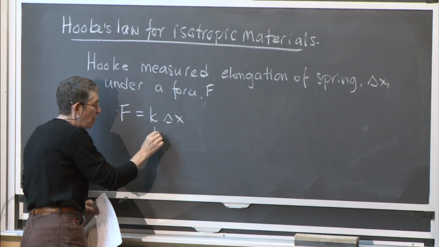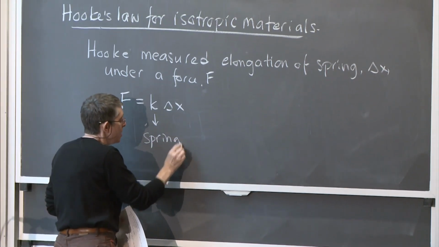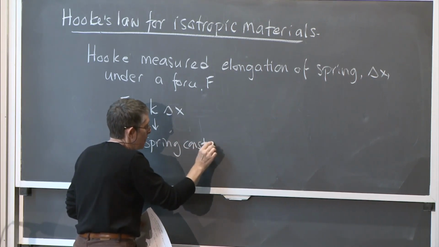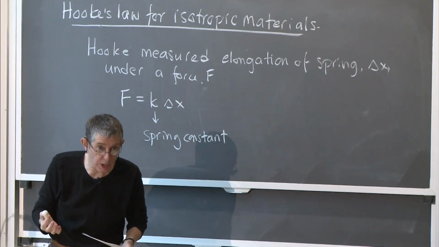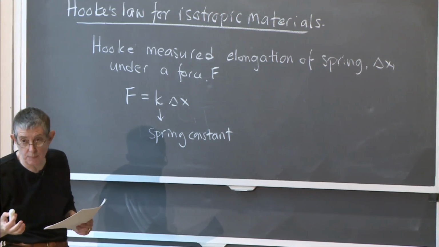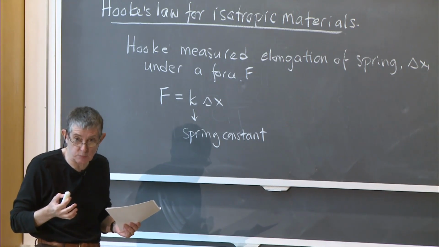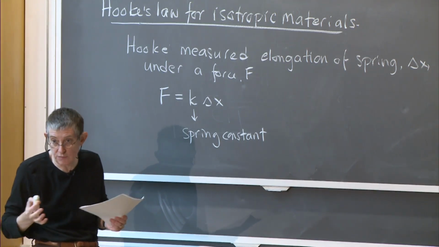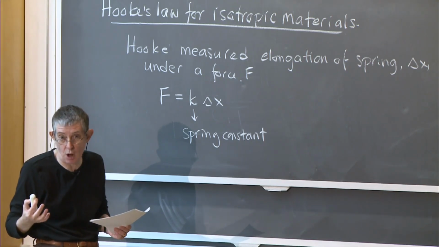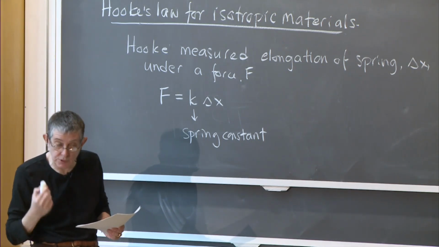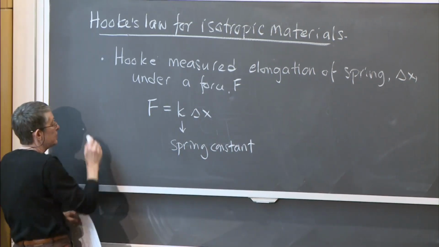And this constant here is called the spring constant. So that spring constant is characteristic of the spring, and it encompasses something about the stiffness of the spring material. If you had a steel spring versus a rubber spring, there would be two different stiffnesses for the material. And it also encompasses something about the geometry of the spring, so how tightly wound the spring is, that kind of a thing. Okay? So that's for the springs.